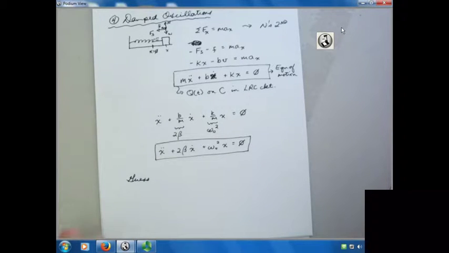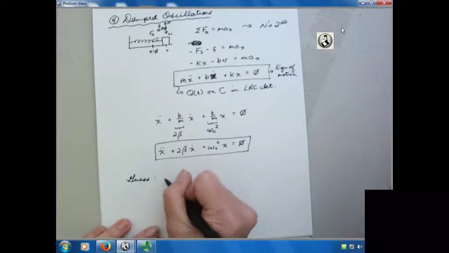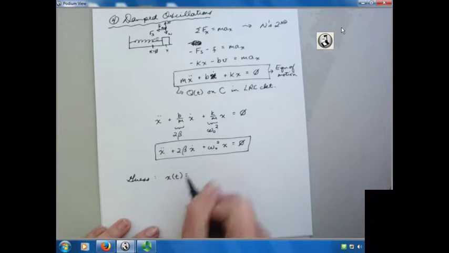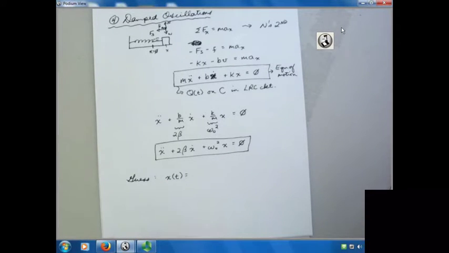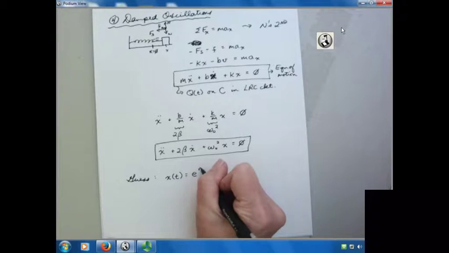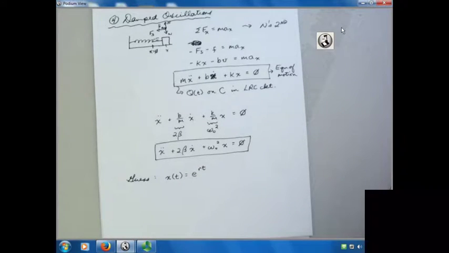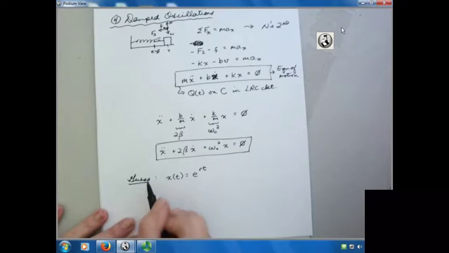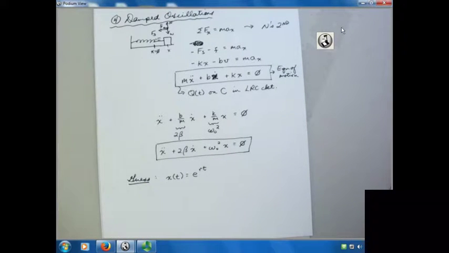So my guess is that x as a function of time, my solution, is going to be something times e to the something times time. In terms of its mathematical dependence, I'm just going to drop that front constant and say this is the mathematical form for my solution that I'm going to guess. And then I'm going to see if it can work.